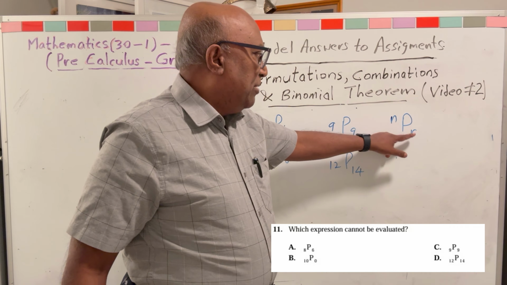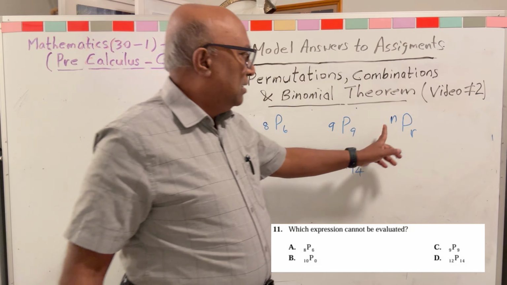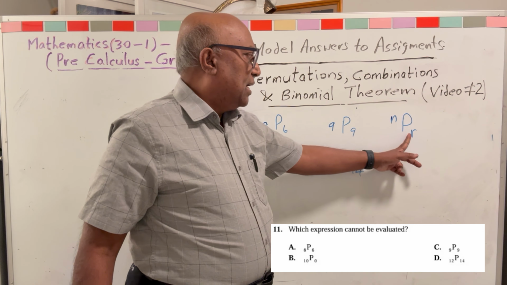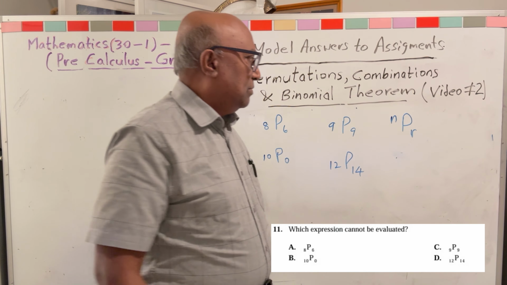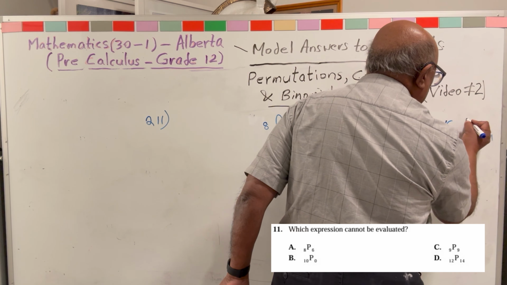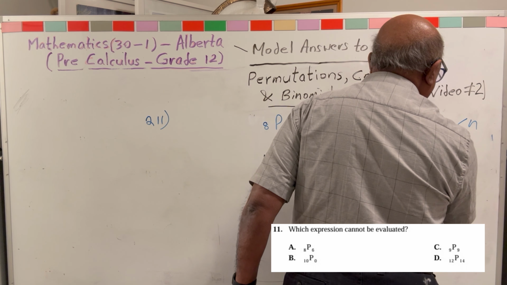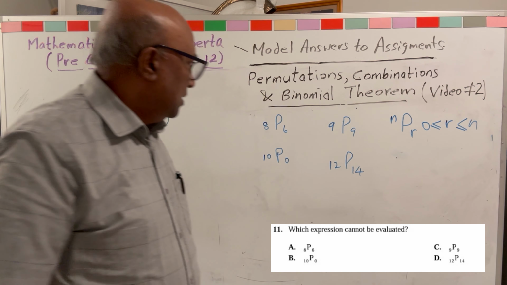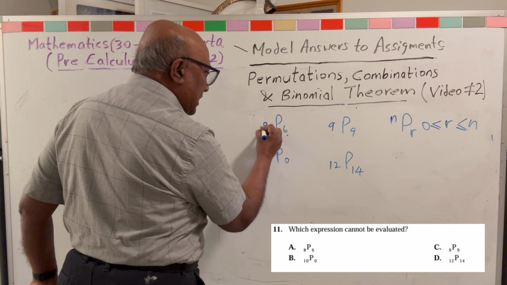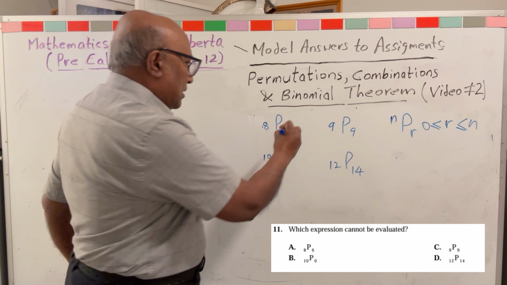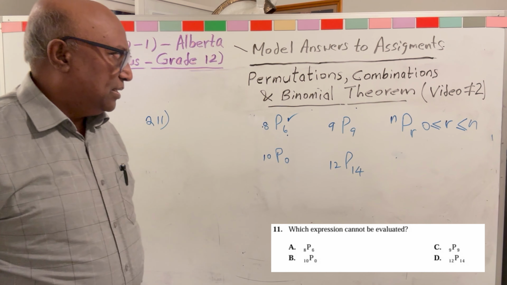In order to calculate nPr, as I said at the beginning, the total number should be higher than the number selected. That means r should be less than or equal to n, and greater than or equal to 0. That means this number should be less than this, so this can be evaluated.